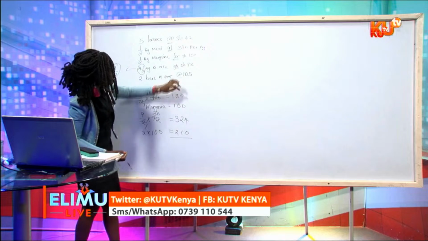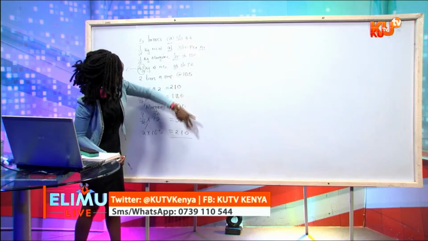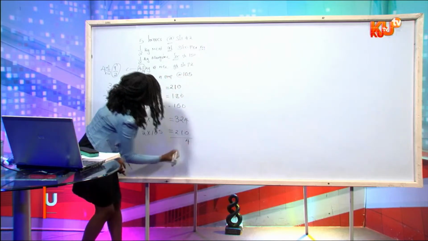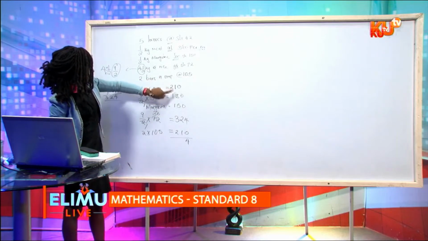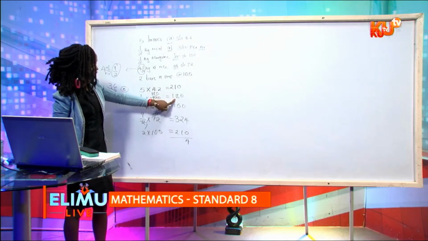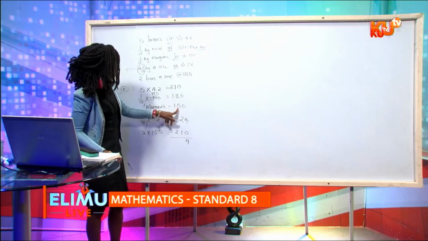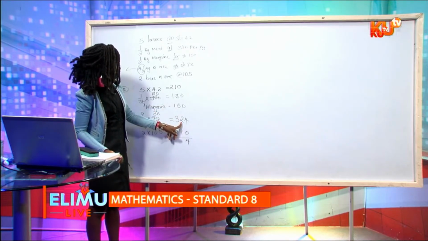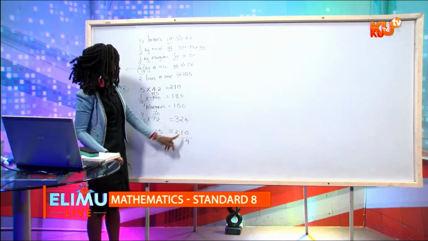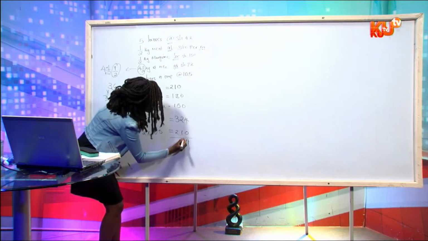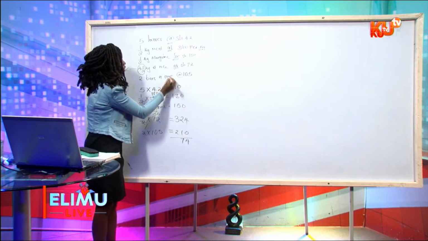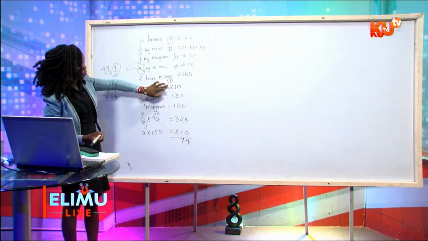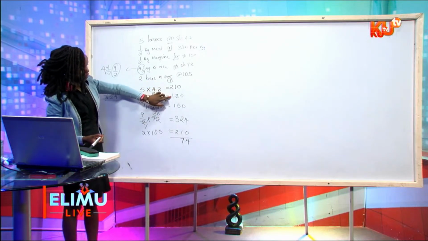So this side we add 0 plus 0 plus 4 plus 0. We get 4. Then 1 plus 8, we get 9. 9 plus 5, we get 14. 14 plus 2, we get 16. 16 plus 1, we get 17. I write 7, we carry 1. 1 plus 2 is 3. 3 plus 1, 4.